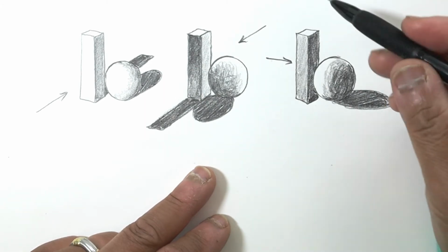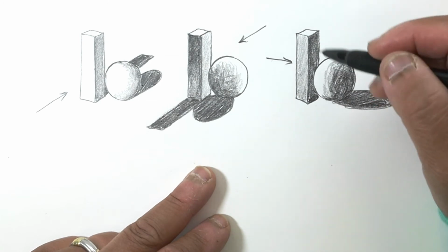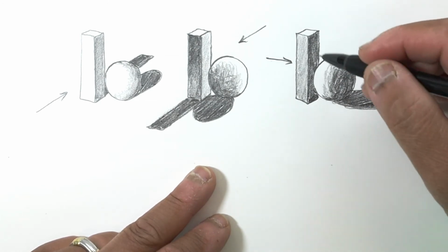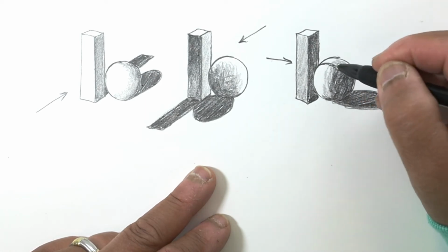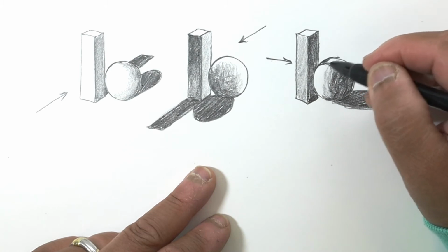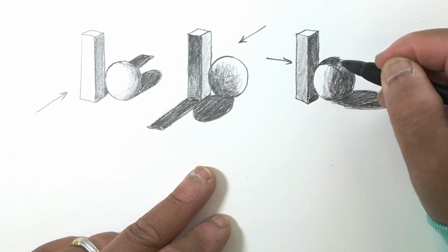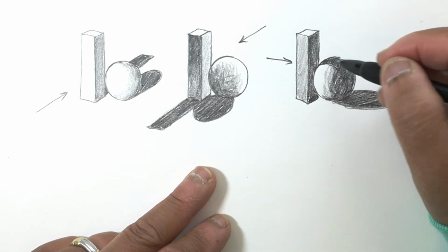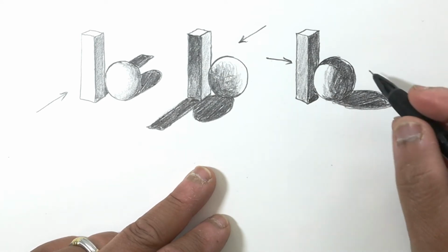And now our cast shadow from this rectangular prism is being cast onto the sphere. So what you're going to end up having is the cast shadow being formed by the surface that it's being cast to. So here the ball is round, so you'll also have the cast shadow round here, and then once it gets down here, then it becomes straight.